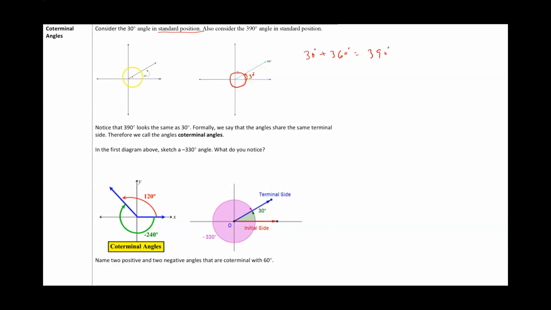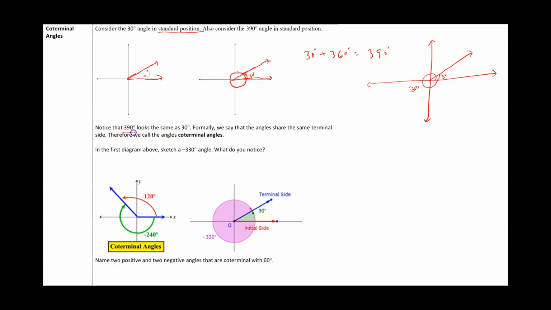So notice that the terminal side of a 30-degree angle and the terminal side of a 390-degree angle is the same. And I'm going to show you guys that one more time. So if I make a full rotation, that's 360. And if I go 30 more, so 360 plus 30 is going to be 390. So the 30-degree angle and the 390-degree angle, they have the exact same terminal side.